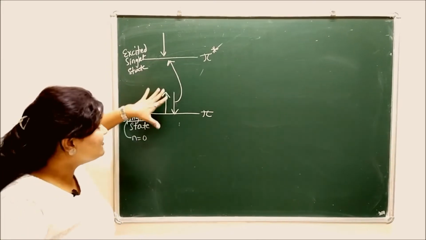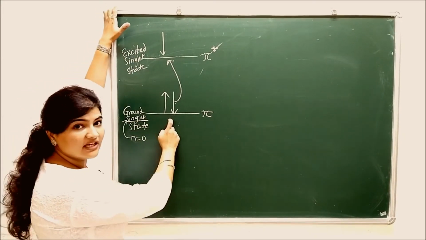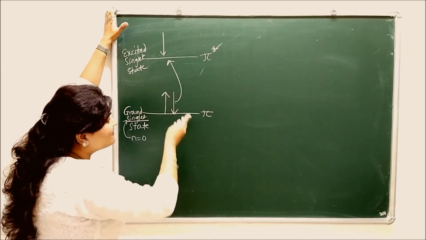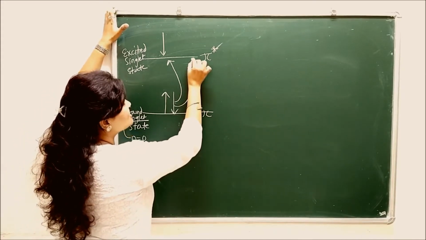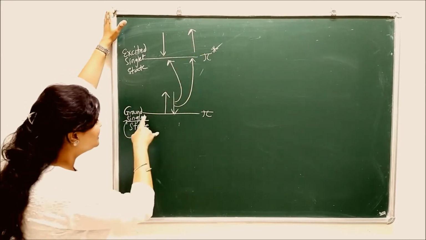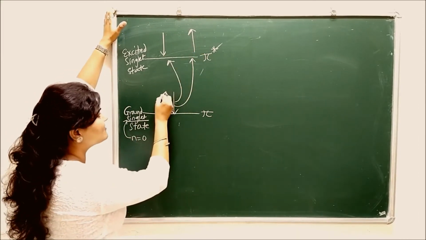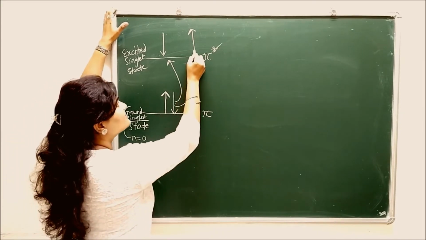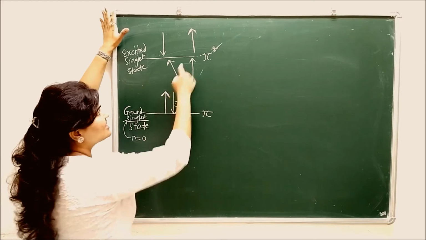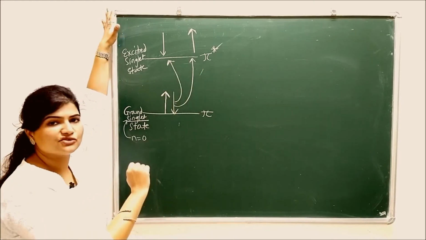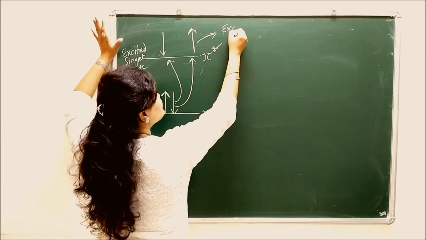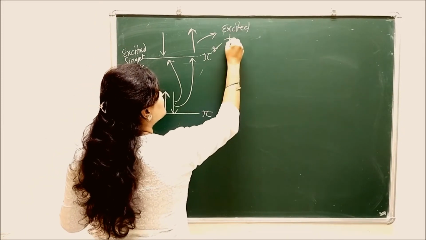Okay, if this happens while going up, while going to the higher energy level, the spin of this electron changes to this. Now you can see in the ground singlet the electron is having upward spin, in the excited singlet the electron is having upward spin, meaning there are 2 unpaired electrons now, and so this state will be called as excited triplet state.